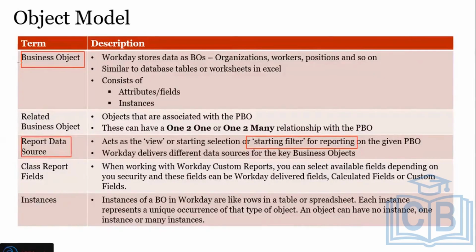Now we have already spoken about fields. We already know that a business object is a collection of attributes or fields. Now, in Workday terms, they are known as CFS or class report fields.